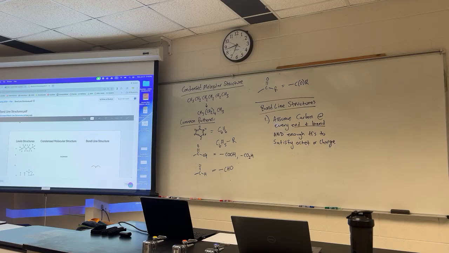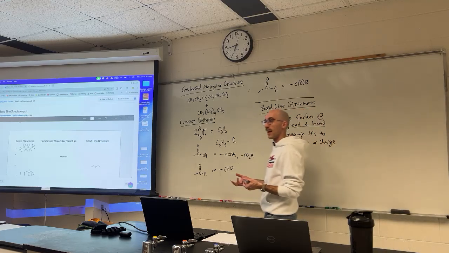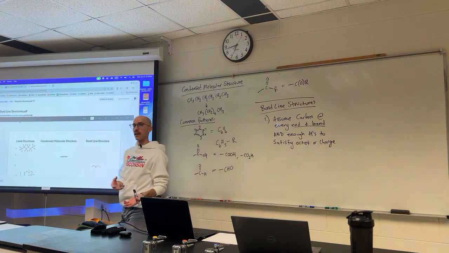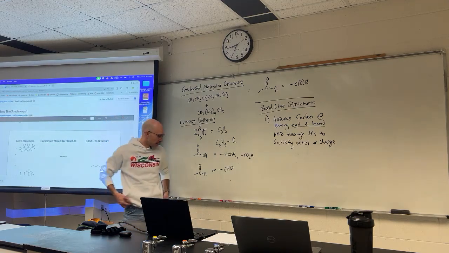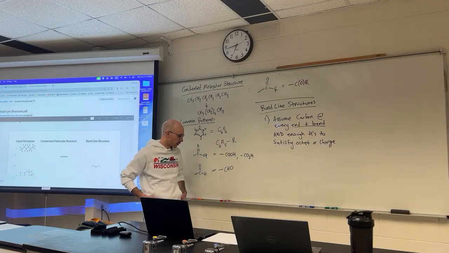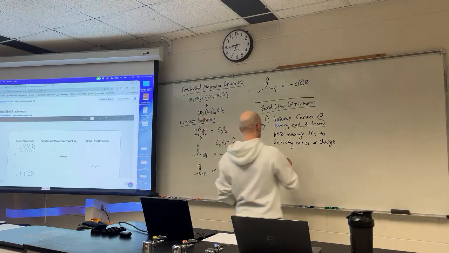There's often twice as many hydrogens as there are carbons. We can assume all of these now. You need to practice working with these assumptions, because later in the semester, you will be asked to interpret structures and understand how many carbons are there, understand how many hydrogens are there. So I want to give an example working with this assumption before we move on to some of the others.